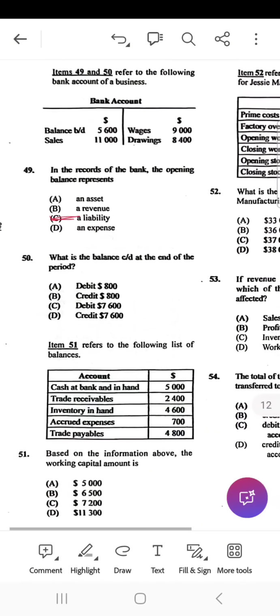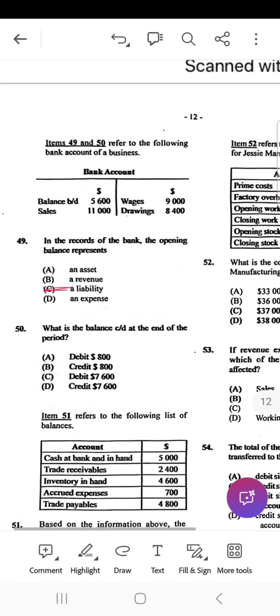Number 50. What is the balance carried down at the end of the period? So we're going to add up. We're going to check to see which side is bigger. And then we're going to add the bigger side and subtract the smaller side from it. So the debit side is equal to 16,600. And the credit side is equal to 17,400.